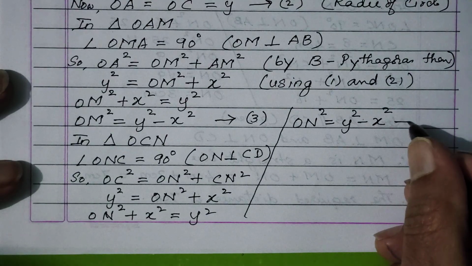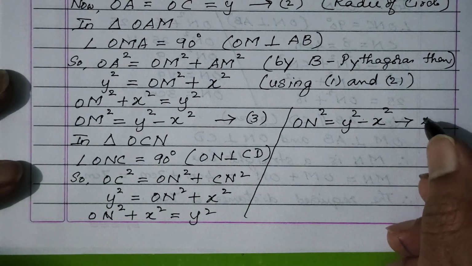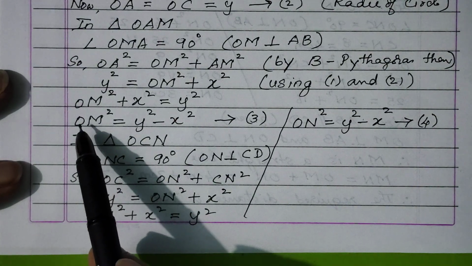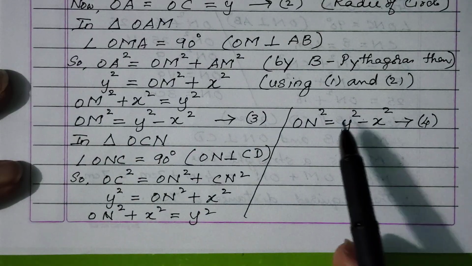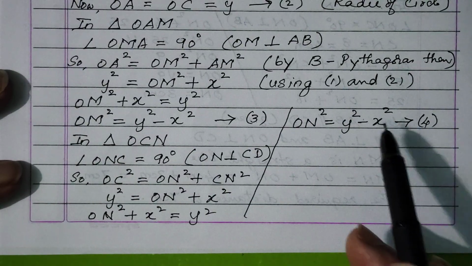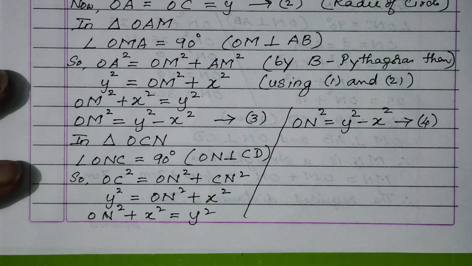This equation I will name as equation number 4. You can see here, when we compare equation 3 and equation 4, the right side of both equations is equal. So the left side has to be equal.